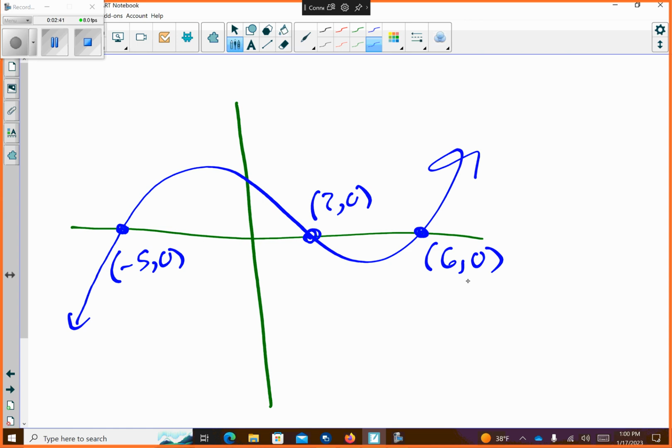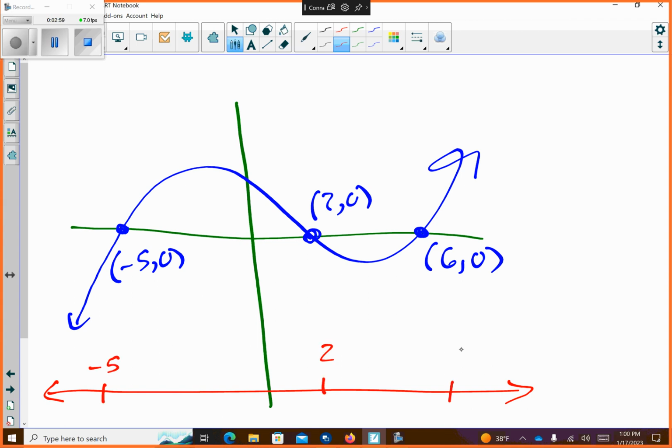I'm just concerned about the x-axis. So I'm going to draw myself a number line. This is not part of the graph; I'm making it a different color for a reason. I'm going to put the points -5, 2, and 6 on there. Still following me?